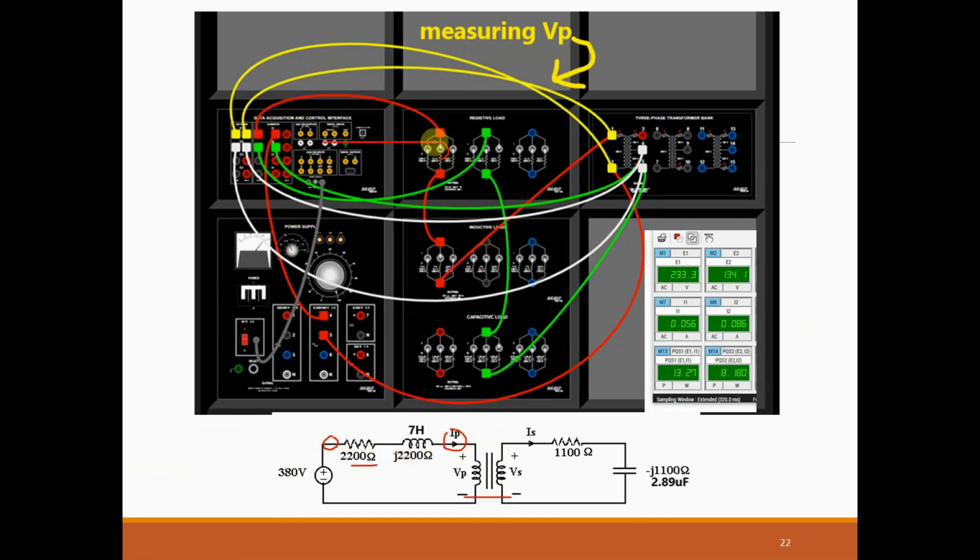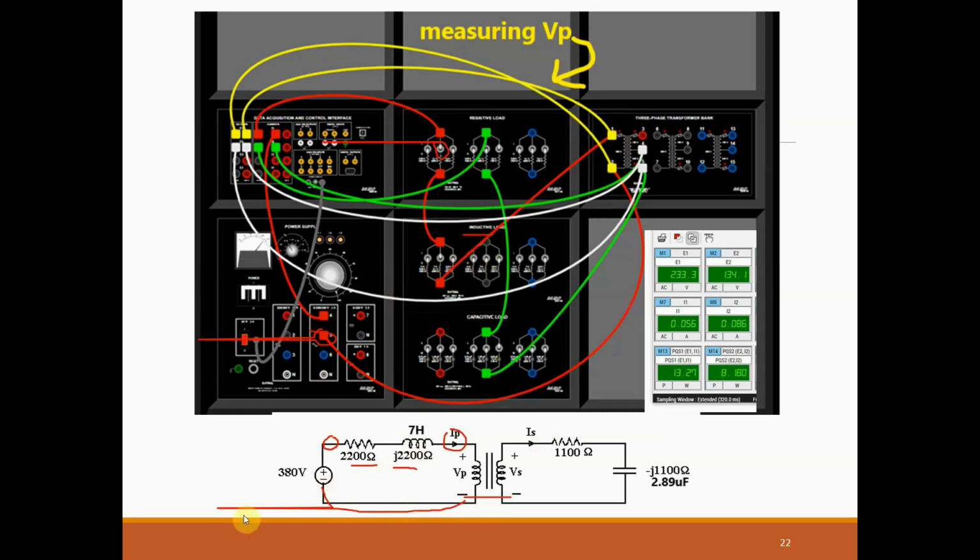As you can see, this one is switched on 2200, and it is in series with the inductive load, and again 2200, and after that it will go to the primary of the transformer, and then it will go back to the source from here. So from here, negative, going back to the source.